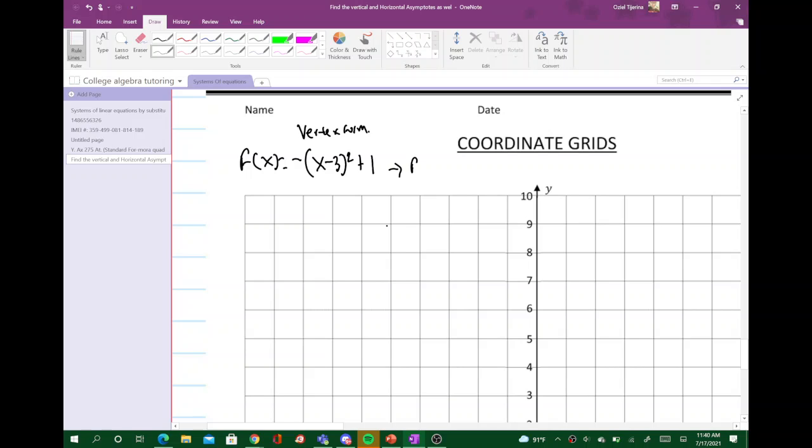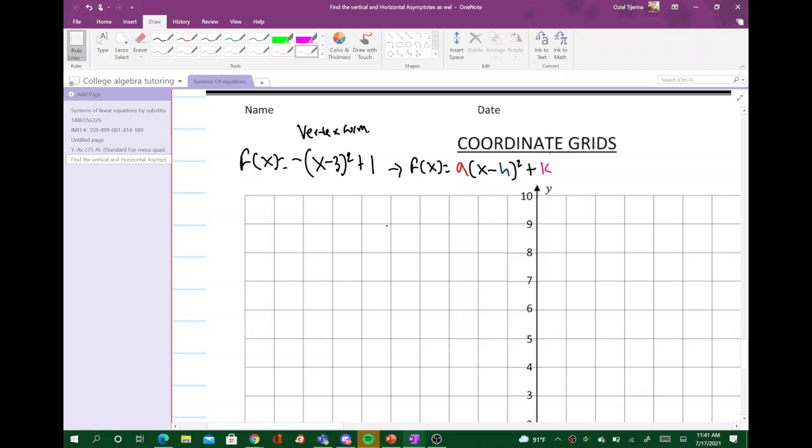So we have f of x equals a times the quantity x minus h squared, plus our k value, right?